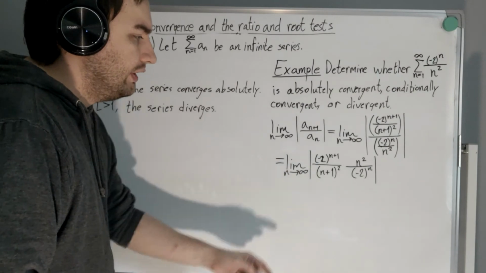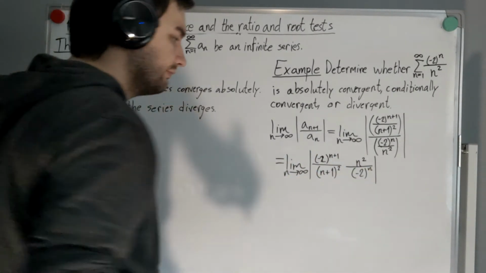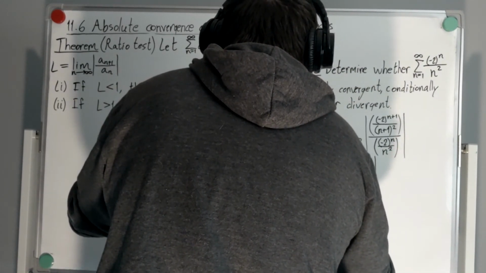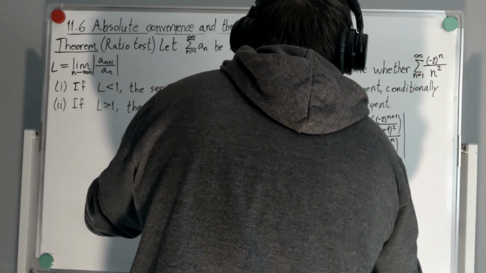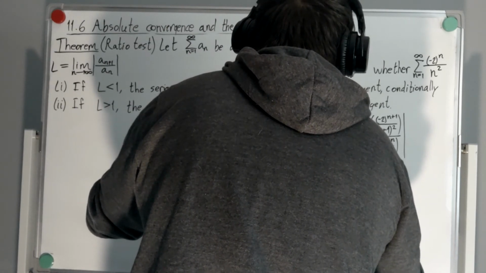Now, negative 2 to the n plus 1 divided by negative 2 to the n is just negative 2. So this is going to be the limit as n approaches infinity of the absolute value of negative 2 n squared divided by n plus 1 squared.